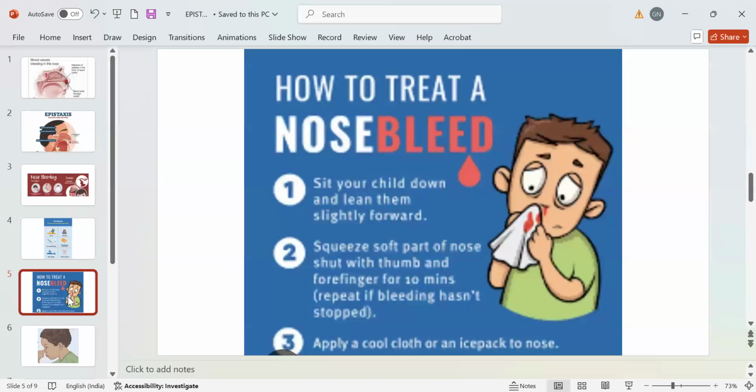Some mothers think that since bleeding is coming from the nose, they tilt the head backward to stop the bleeding. Because when you tilt the head backward, automatically the blood will not come from the nostril. The blood will go back into the throat.